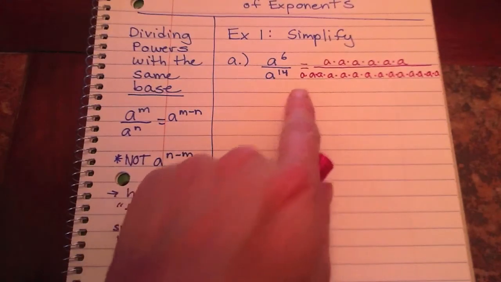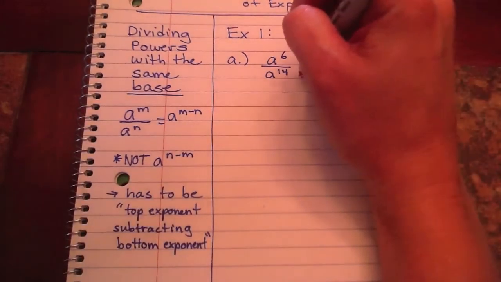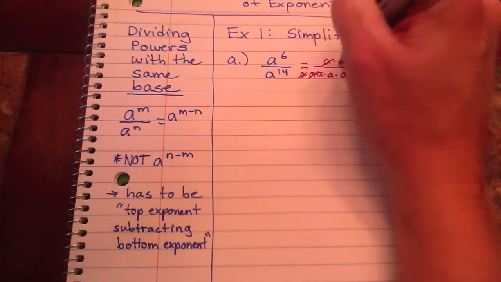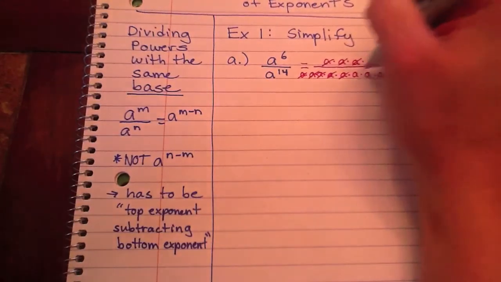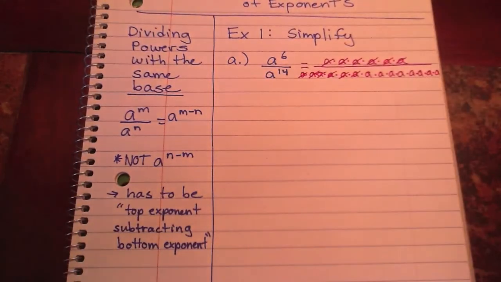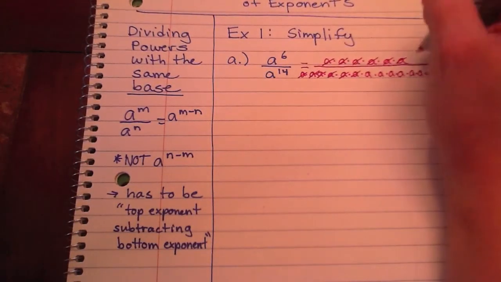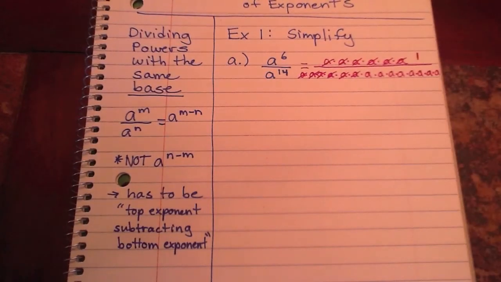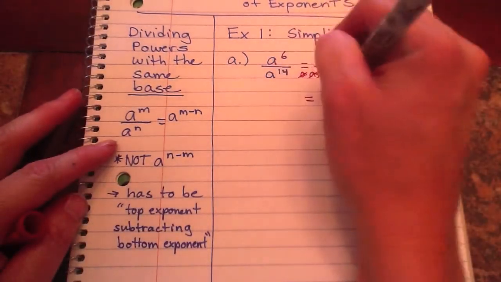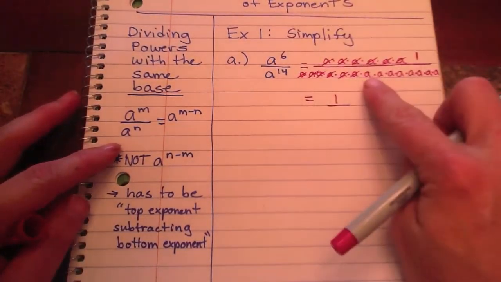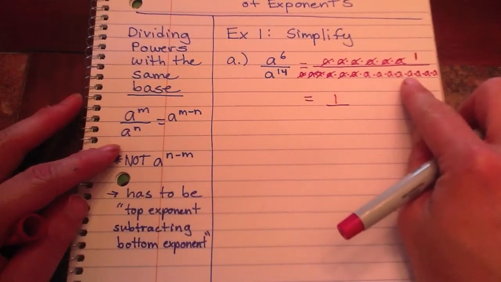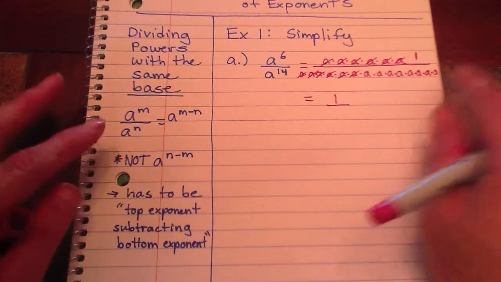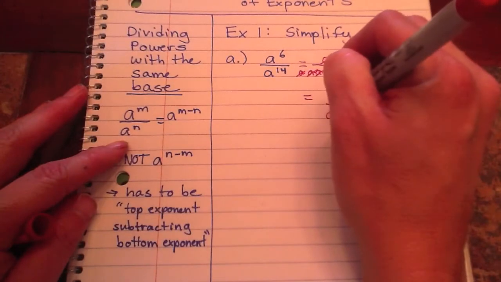For every matching set here, 1 cancels. So 1, 2, 3, 4, 5, 6 end up canceling. Notice you end up with a 1 at the top. A lot of kids forget about that. When you have nothing left at the top, there's still a 1 there. So this would equal 1 over, and now I count up my A's. 1, 2, 3, 4, 5, 6, 7, 8. A to the 8th.